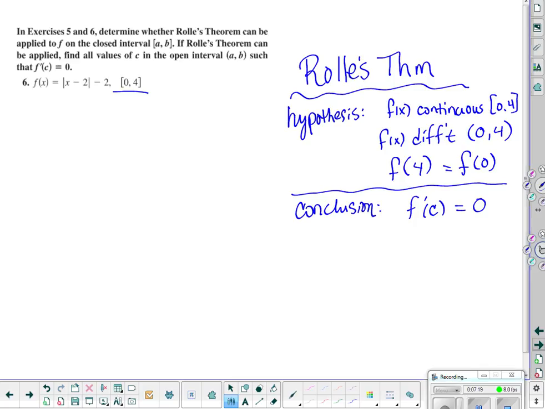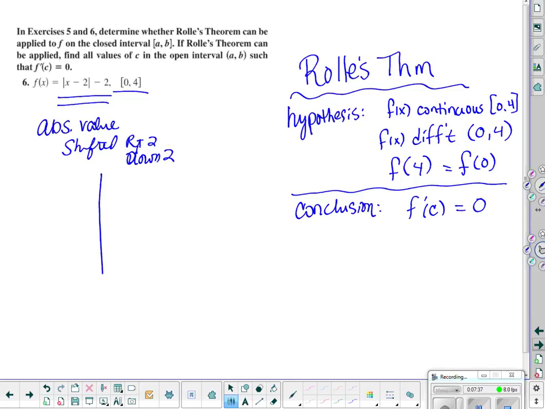Now, looking over here, I know what this function is. It's an absolute value function. It has some transformations going on. It is shifted right by 2, and it is shifted down by 2. So just a quick little sketch would give me a function that opens upwards that would look something like this, shifted right and left.